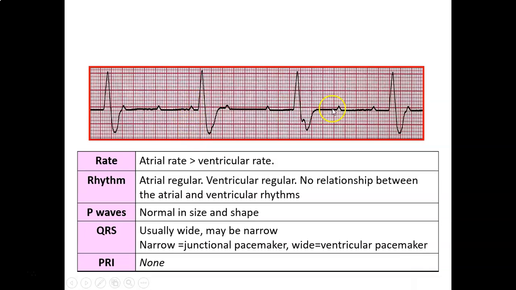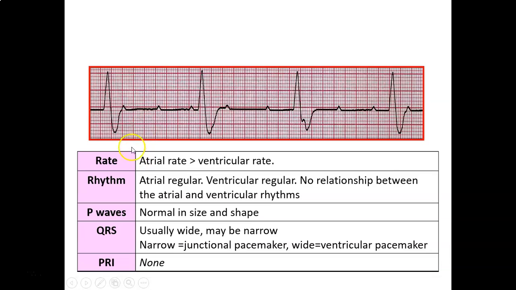QRS duration is wide. So wide means it's coming from the ventricles, and PR interval none, or maybe variable if you see. But if you see clearly here, the P wave has no relationship with the QRS complex. The PR interval is very variable.